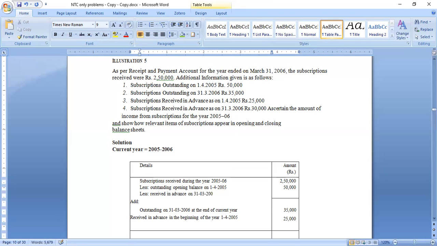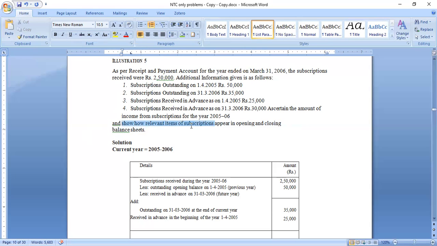March 31st 2006. For your understanding, I'm just mentioning these are the amounts. How relevant items of subscription? Okay.